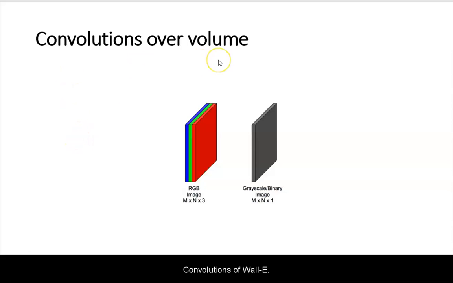Convolutions over volume. As we know, images basically are of two types, a grayscale image and a color image. Till now we have looked into the operations or the components of a CNN from the perspective of a grayscale or binary image.